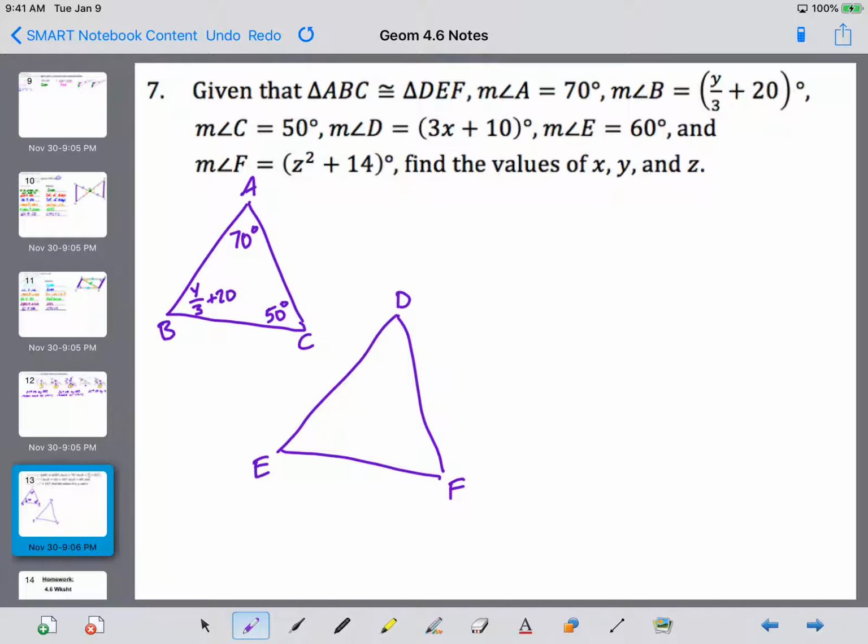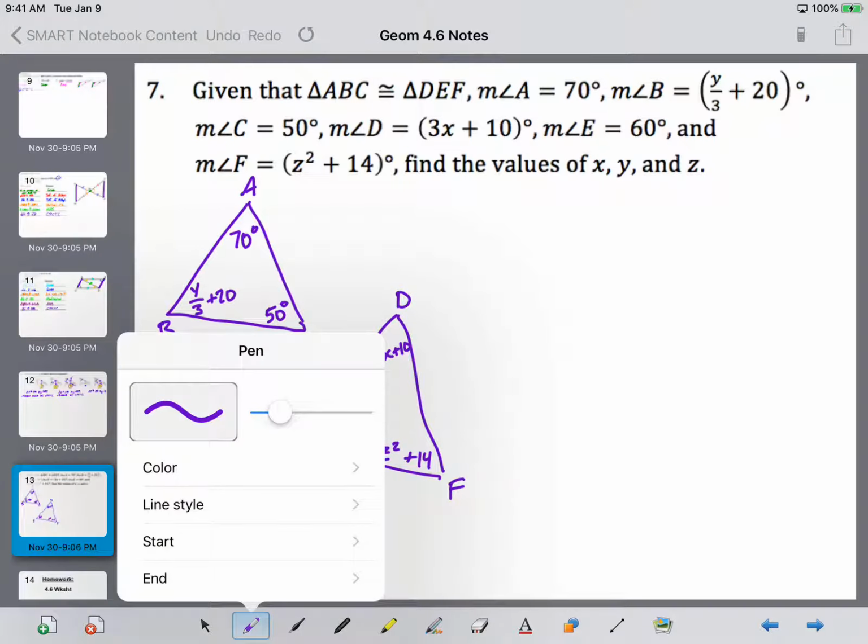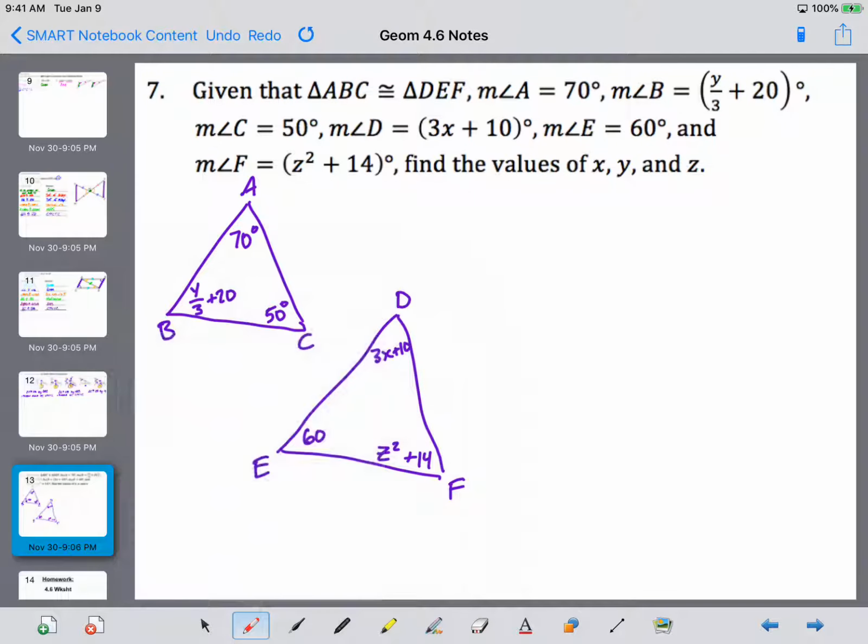All right, I also know angle D is 3x plus 10. Angle E is 60. And angle F is z squared plus 14. So we're going to make equations for all three of those to find the values of x, y, and z.